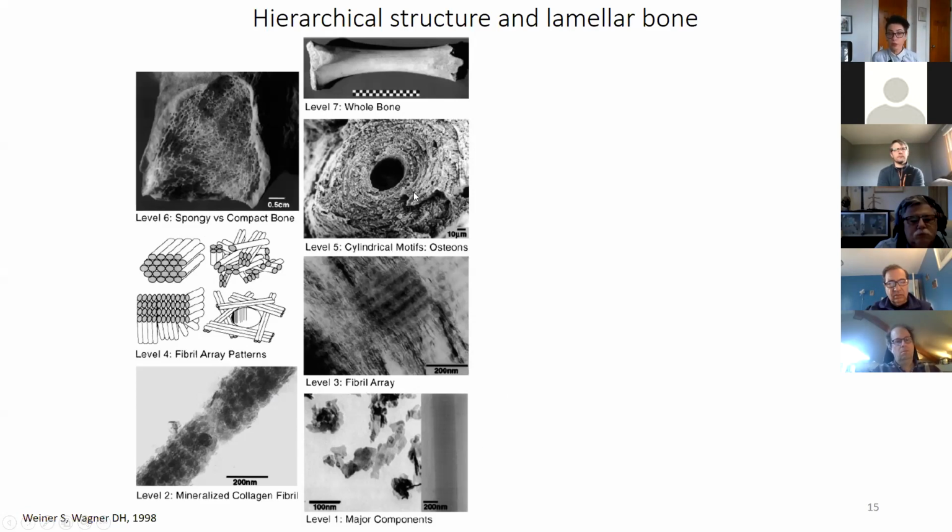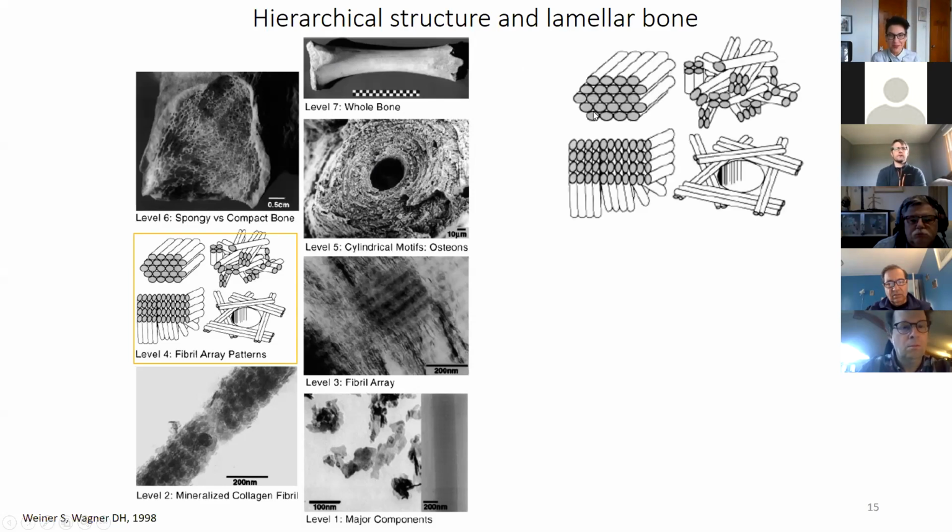Then, what we know mostly from light microscopy or simple electron microscopy observations, we can find concentric cylindrical motifs in bone called osteons, then spongy or trabecular bone and compact bone, and at the highest level, the entire skeleton element. So that was my task, to make a real image.